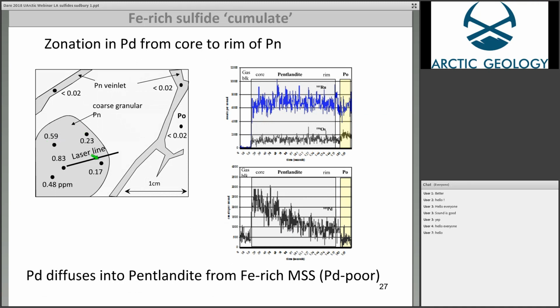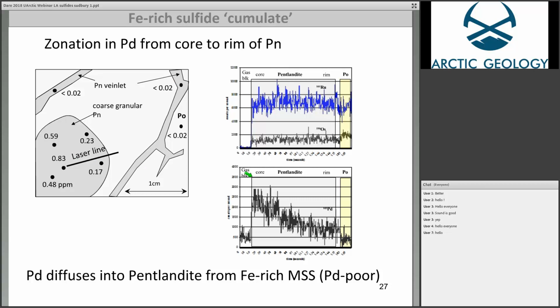This was on the instrument before we had the capability to map. So essentially I did various spots from core to rim to show that there was some kind of zonation in the pentlandite: the center of this coarse grain of pentlandite in gray was the richest in palladium, the rim was poorest in palladium, and the veinlets were very, very poor.